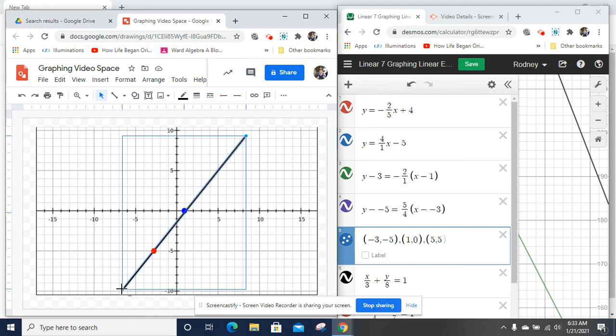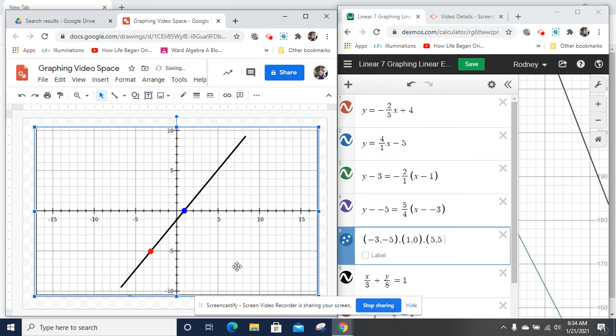Maneuver it just a little bit more. Okay, so that's a little better. If it were being graphed precisely, it would go through -3, -5, 1, 0, and 5, 5. Those would all be points on the line. So it's a little bit of an art as well as a science there. Maybe that's a little better.